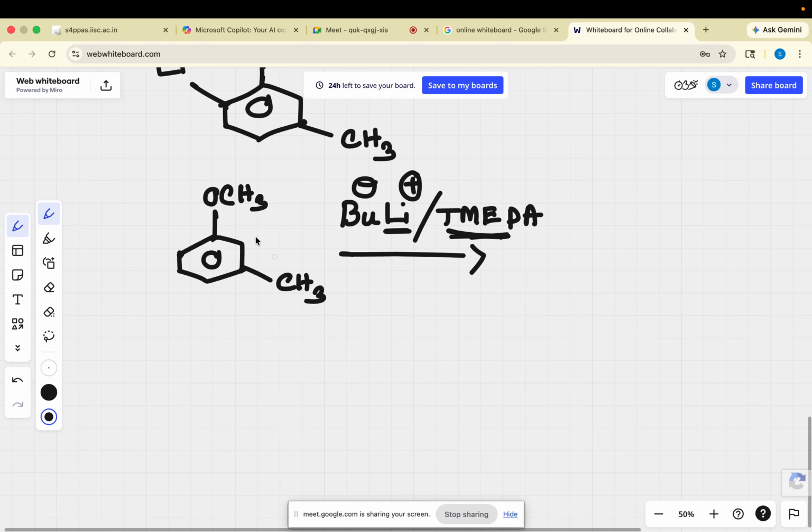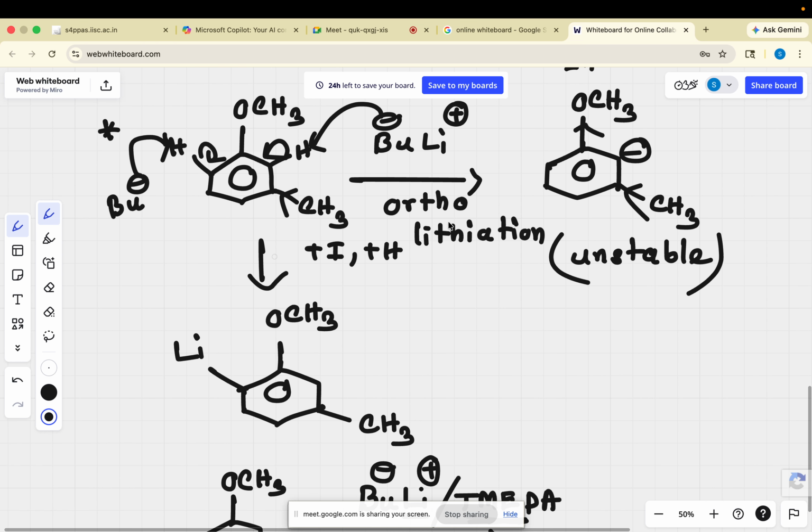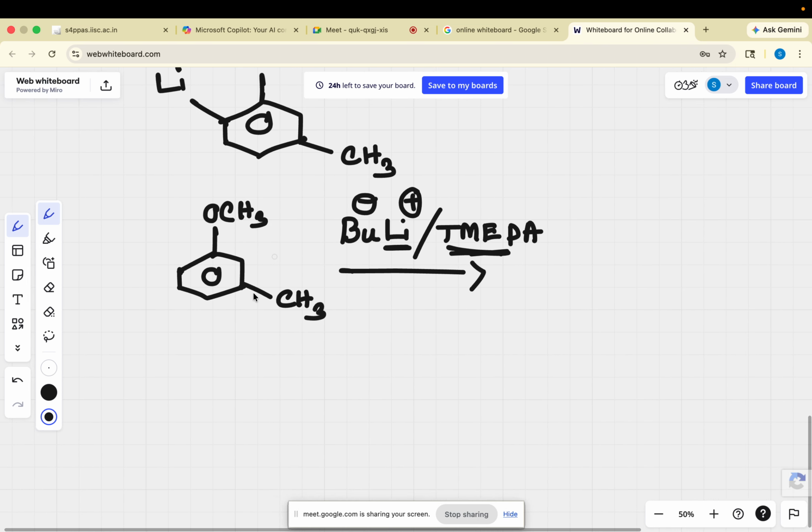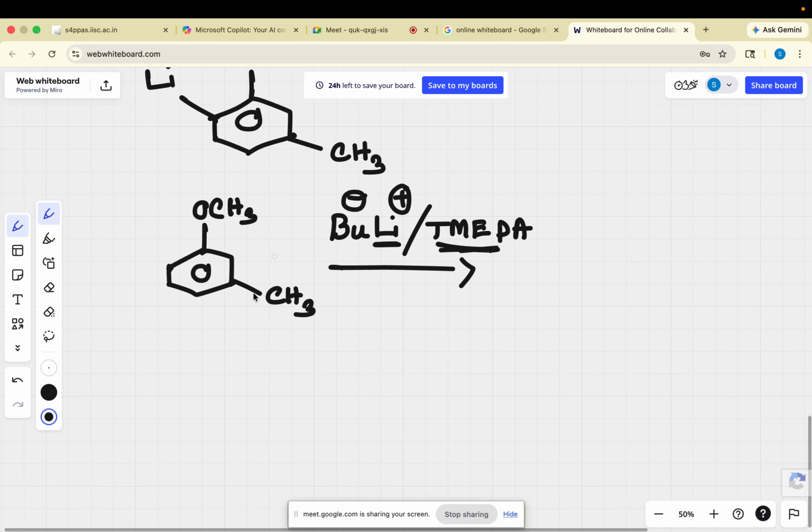Definitely this right hand side is not acidic. So which side proton will be most acidic? If you abstract the proton from the left side, that is your ortholithiation, that is not your most acidic proton. So in this particular example, it will abstract the proton from this methyl.